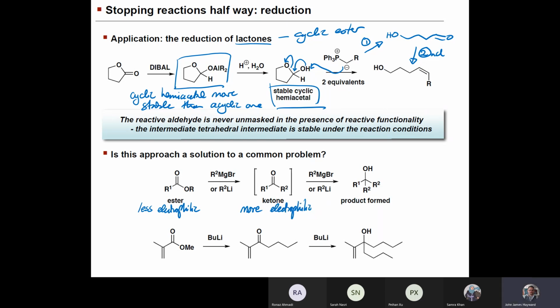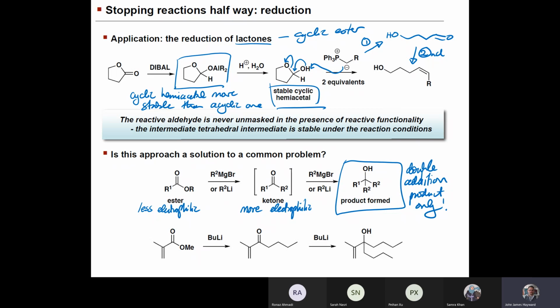And so if you add a Grignard reagent to an ester, you only get the double addition product only. Okay, and same thing happens with butyl lithium.